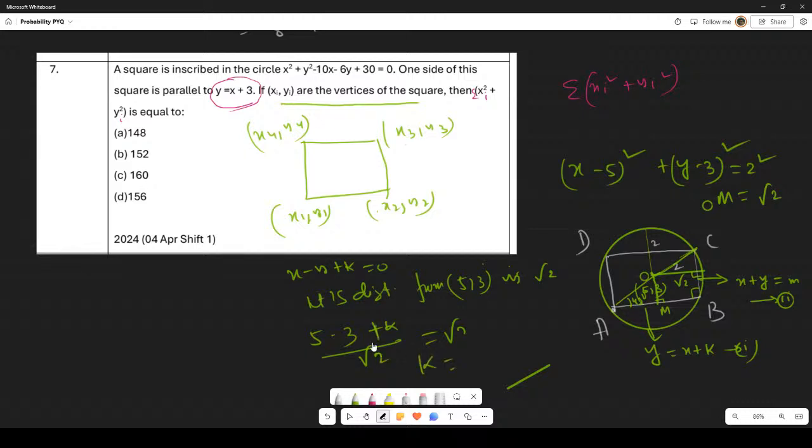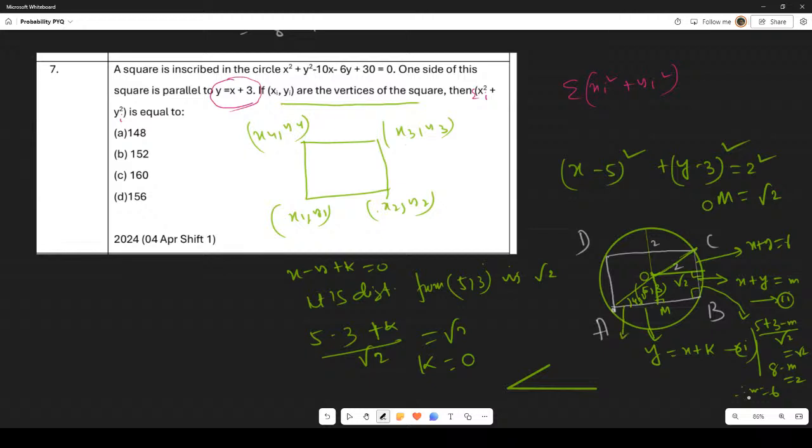So k is coming from here. K is coming 0. And this one also root 2, x plus y, m. So how will I get m? 8 minus m equal to 2, so m is coming 6. So one side is x plus y equal to 6 and this side is what? y equal to x.